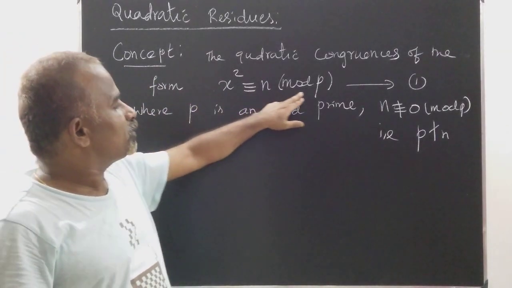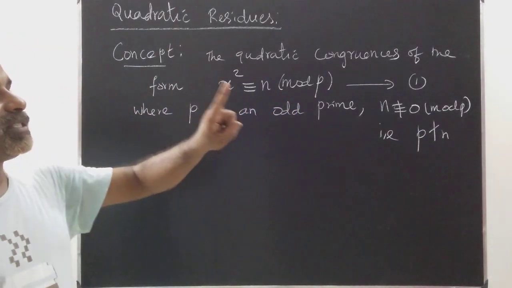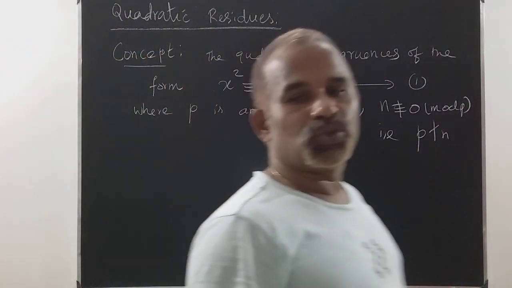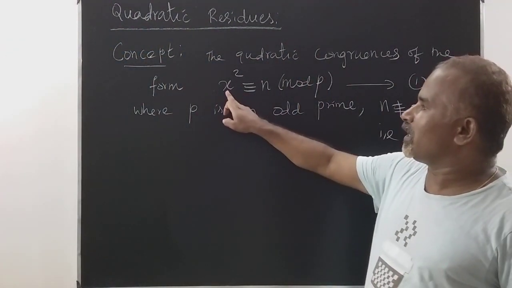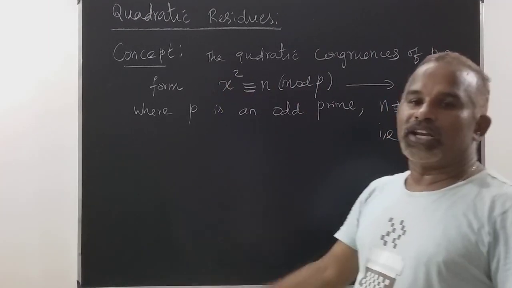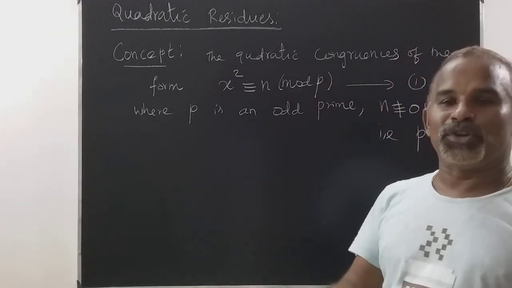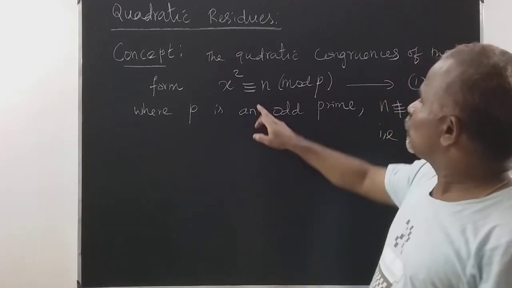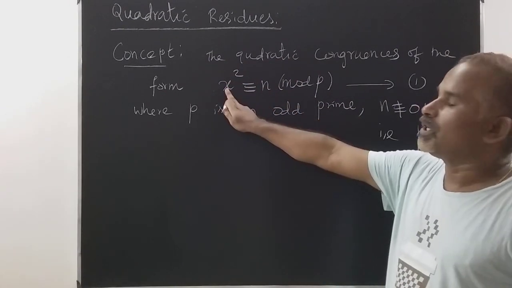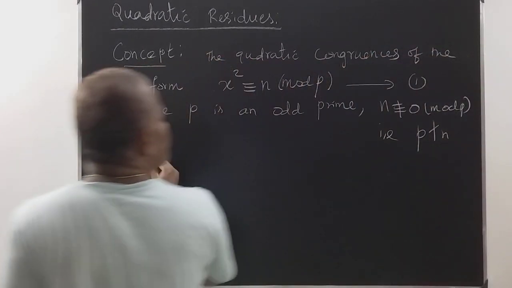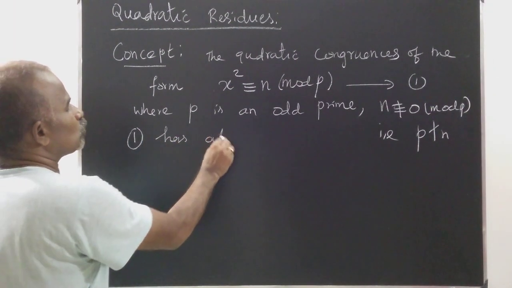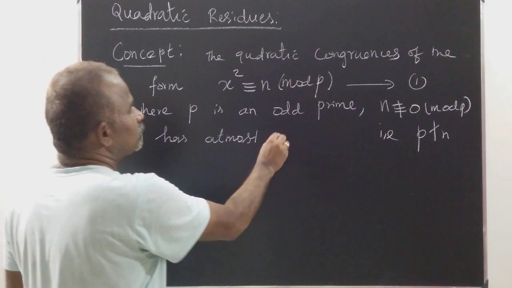So this polynomial congruence has at most two solutions, because this is a quadratic polynomial. The leading coefficient and p are relatively prime, because p is prime; whatever number you take, it is relatively prime. So equation 1 has at most two solutions.